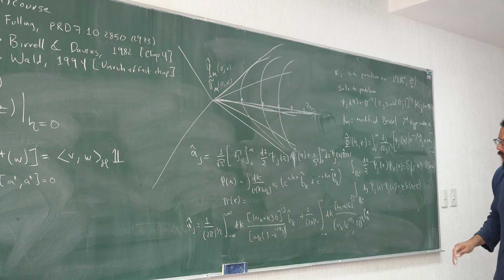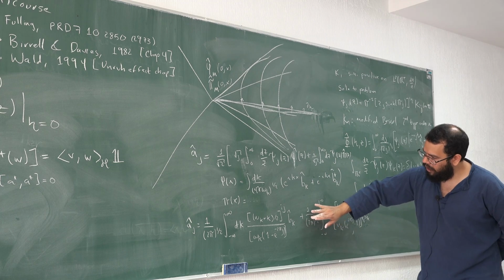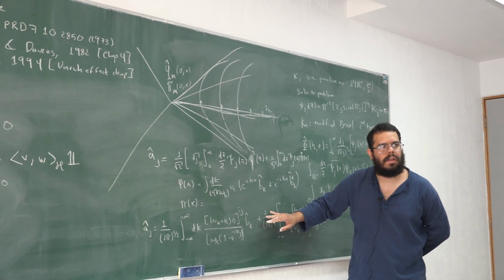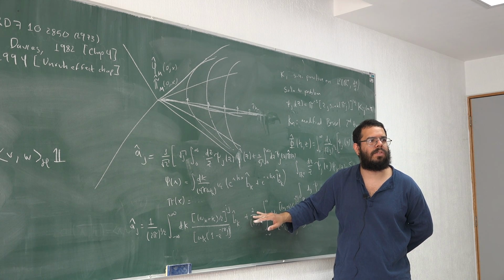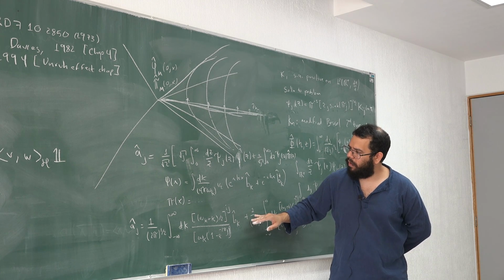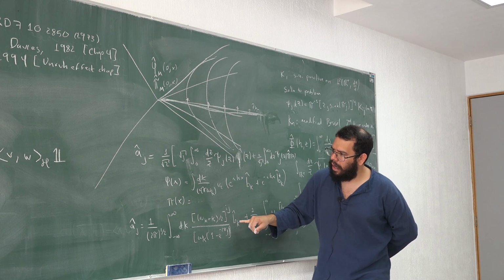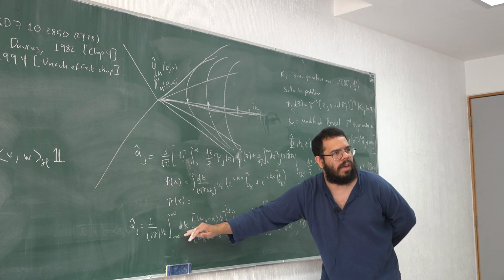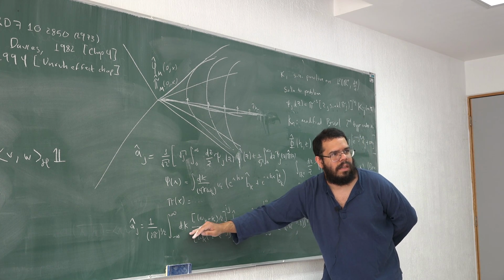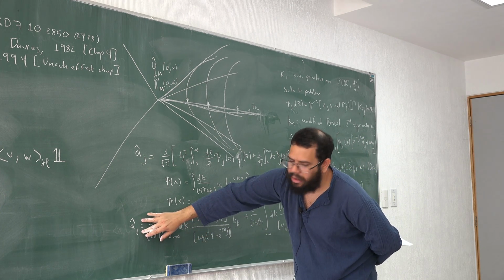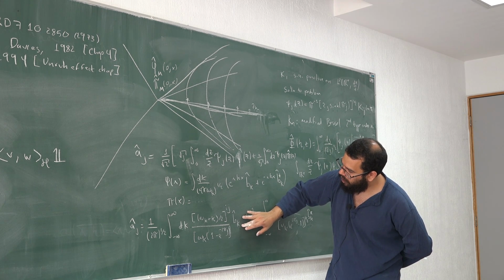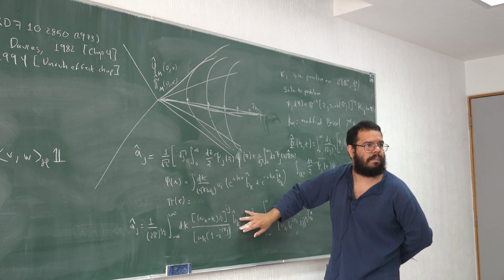Okay? But what is relevant is that if we had only this contribution, then we could imagine that we could find a unitary transformation from one to the other. We're just simply writing one of these annihilation operators as a linear combination of the other one, right? We write the annihilation operator in this theory as a linear combination of annihilation operators in the other theory.